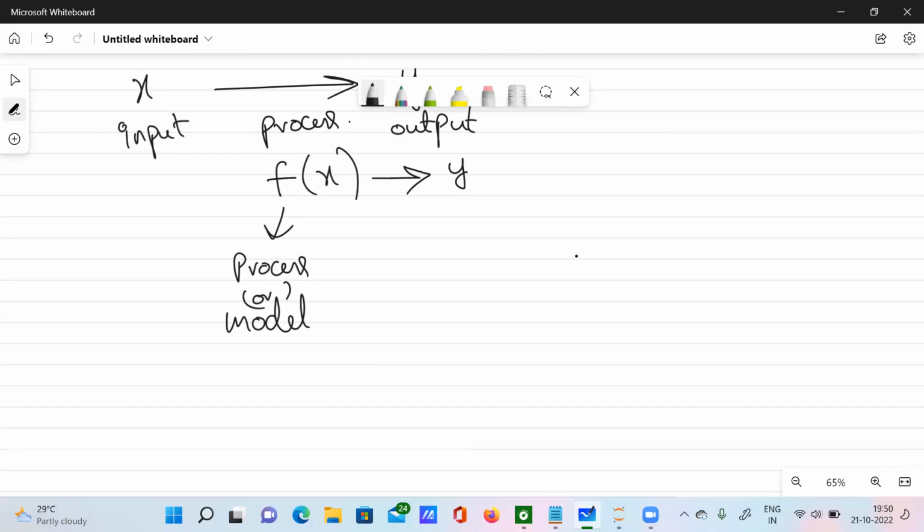Transforming input to get the output is nothing but a process. So what is involved exactly here? Our model. We need to build some kind of model which takes this particular x value as the input and gives the output as y, right? So this is our model, and it takes the x value to give the y value, right? So f is nothing but a process or a model.